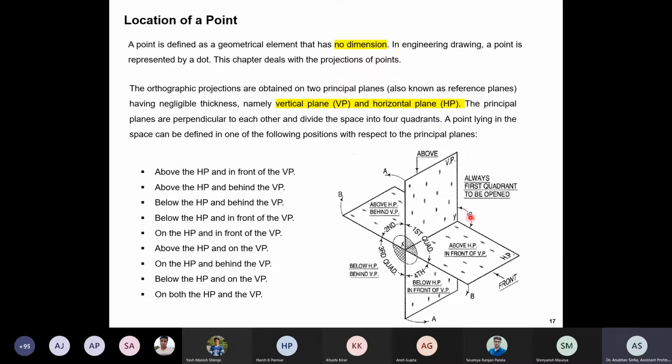The point could be here or behind this, or it could be lying on any of the planes. It could be on VP, it could be on HP, or things like that. Once you know where the point exactly is, you can accordingly plot the orthographic view of that point.